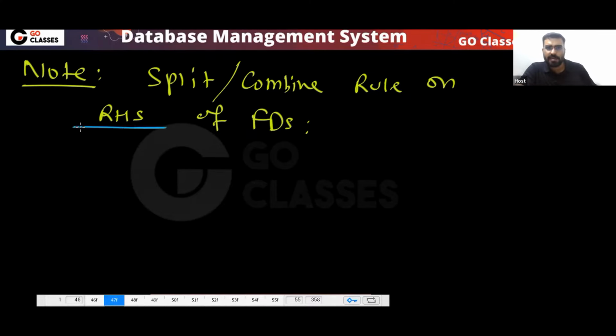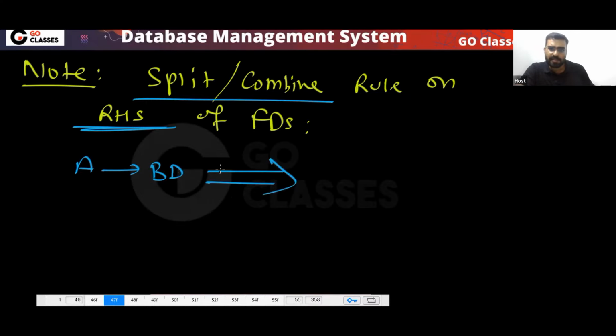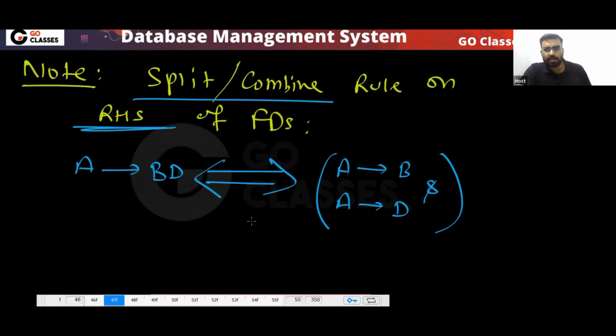For example, if you have A goes to BC, then this is the same as two things: A determines B, A determines C. Is that clear? So remember, on the RHS you can combine also, and you can split also. This is your split rule.